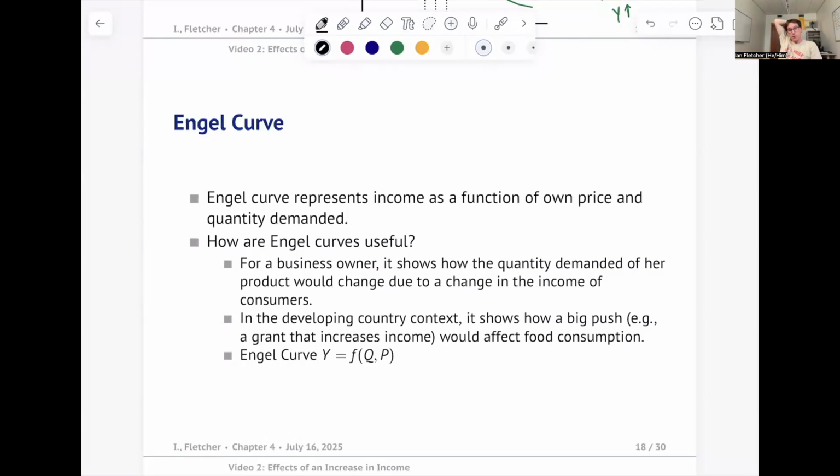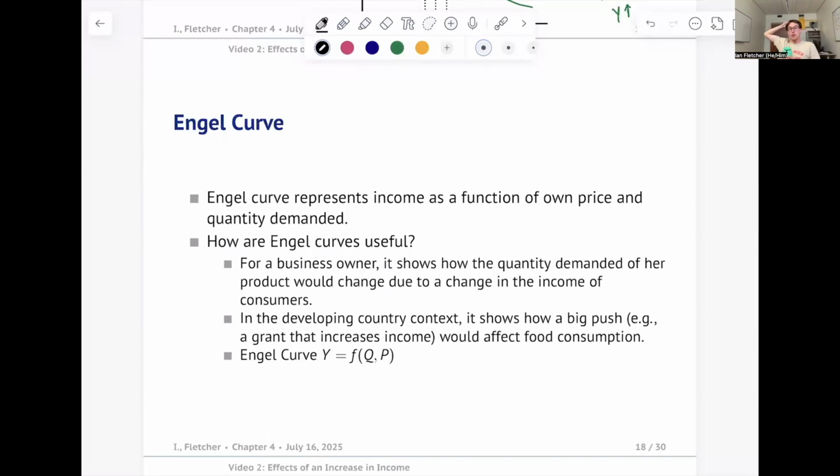And so how are Engel curves useful? For example, suppose you're a business owner. It shows exactly how the quantity demanded of your product would change due to a change in the income of consumers. So imagine you're a small business owner and your local constituents just got a huge tax raise or tax decrease. People are going to have more income.